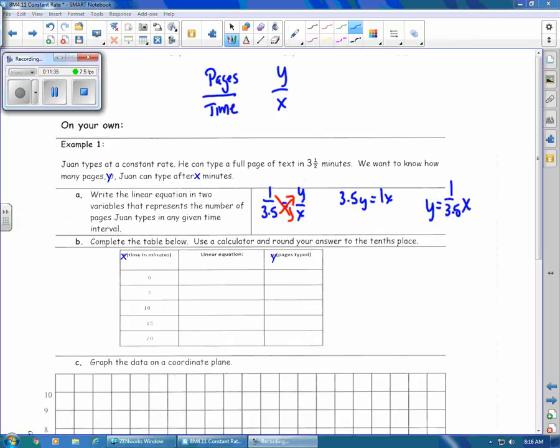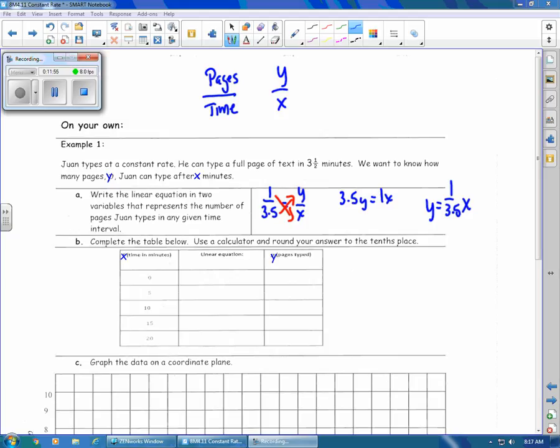Okay, so hopefully you set it up as 1 page over 3.5 minutes is equal to y over x. Then you're going to use your cross products property, and you'll get 3.5y equals 1x. Divide both sides by 3.5, and you'll get y equals 1 over 3.5 times x.